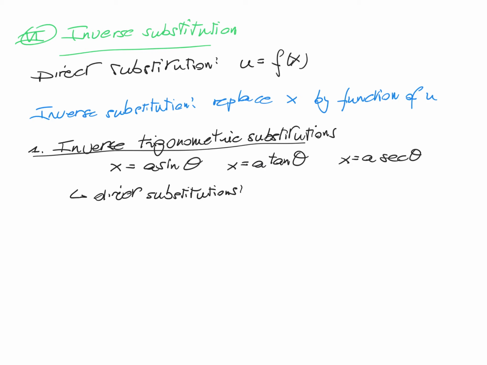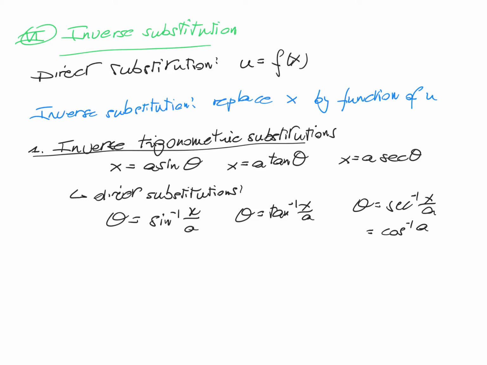So x is a sine theta is a direct substitution of theta equal to sine inverse of x divided by a. And then the others are similar, so theta is the tangent inverse x divided by a, or secant inverse x divided by a. Where secant inverse x divided by a is the same as cosine inverse a divided by x.